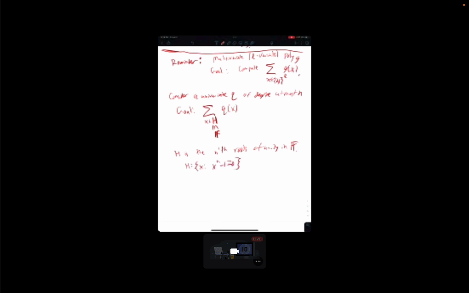Okay. So that is the problem that is at the core of Marlin, in the same way that this problem of summing up a multivariate polynomial's evaluations over the hypercube is at the core of Spartan. And so these nth roots of unity are some kind of univariate or one-dimensional analog of the Boolean hypercube.